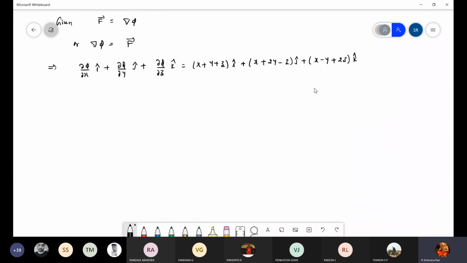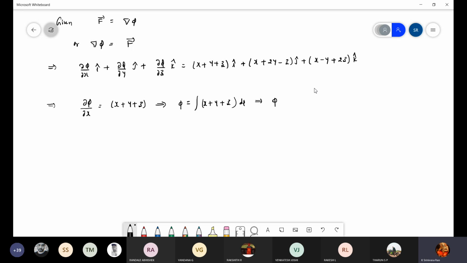Okay, so dou phi by dou x equals x plus y plus z. That implies integrate with respect to x, and you will get phi equals the integration of x plus y plus z dx.